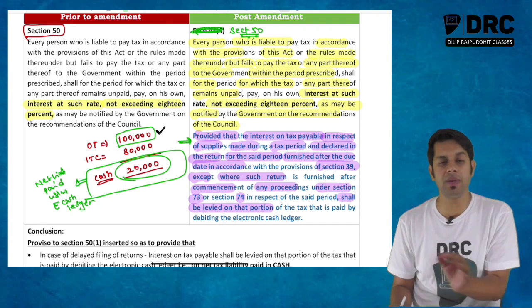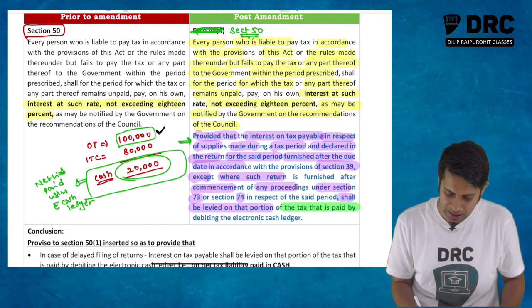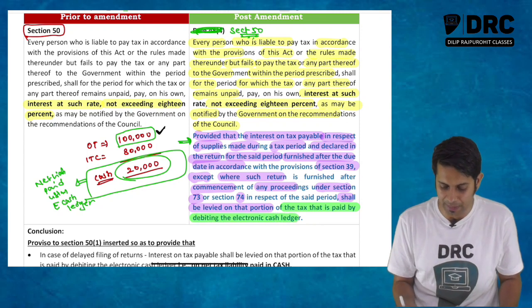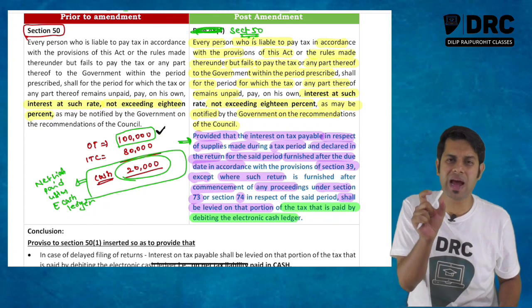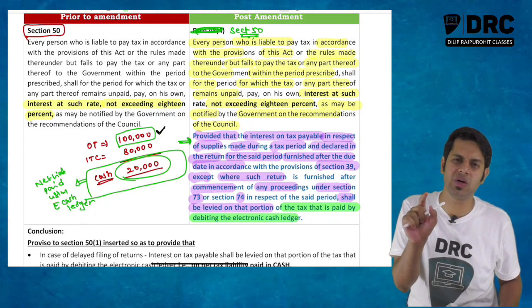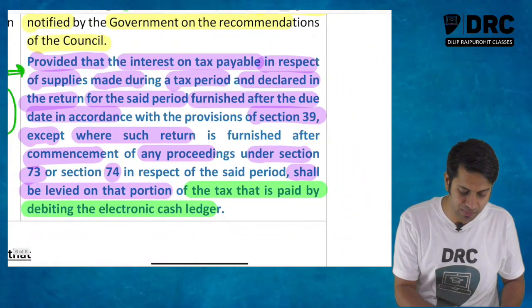Very important. It shall be levied on which portion? That portion of tax which has been paid by debiting the electronic cash ledger. Whatever amount of tax you are paying by debiting the electronic cash ledger, on that amount only I am going to charge.